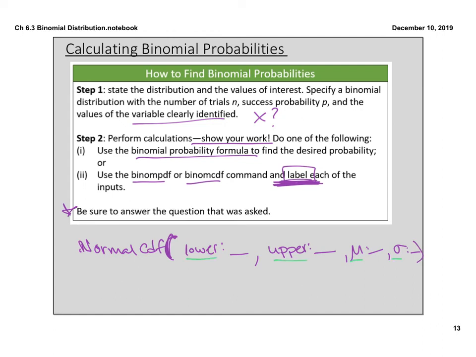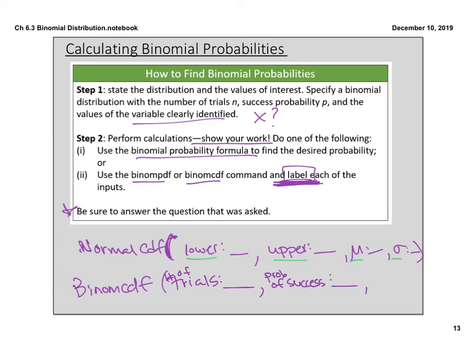For binom CDF, you've got the trials, or you could say number of trials. You've got the probability of success, and you could probably just say probability and that would be okay.